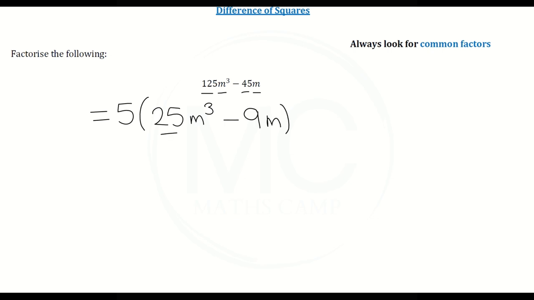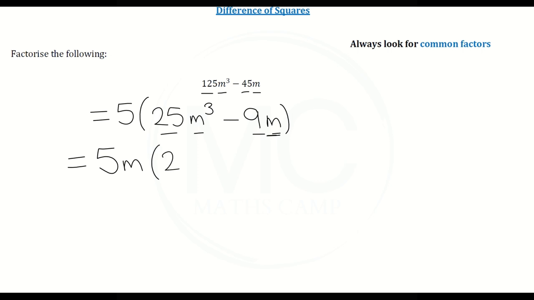Now my values are squares, but my variables aren't. So we still need to take out one more common factor. We know that if we have m cubed and we divide it by m, we'll get m squared. And here we have an m in this term as well. So we can take out m as a common factor. I'm going to write down the 5 I've already taken out, as well as the m.